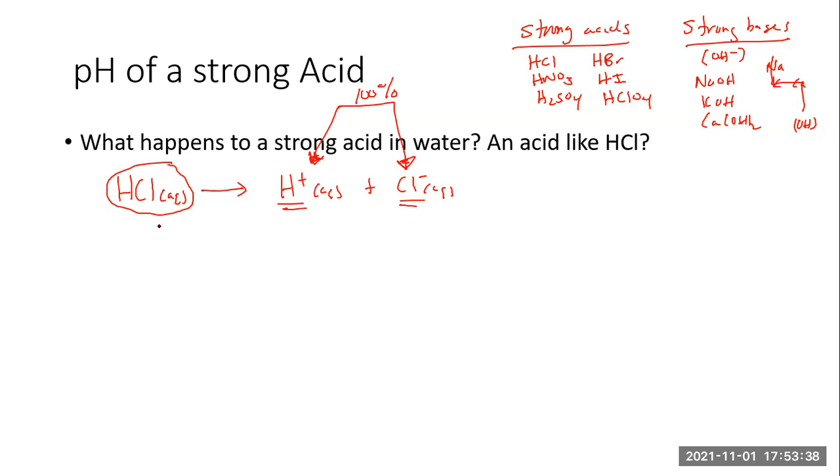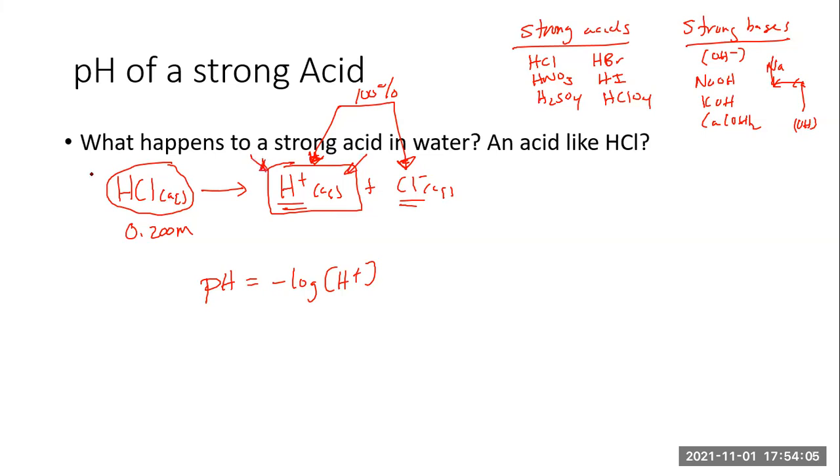Now, once we want to know the pH of this, let's say we had a 0.2 molar solution of HCl. We could use what we talked about with solutions. It is the H plus that's really important in calculating the pH, as our pH equation is minus the log of the H plus. So what we really want to know is the concentration in that solution of the H plus.